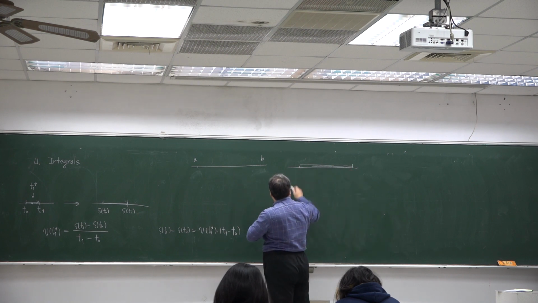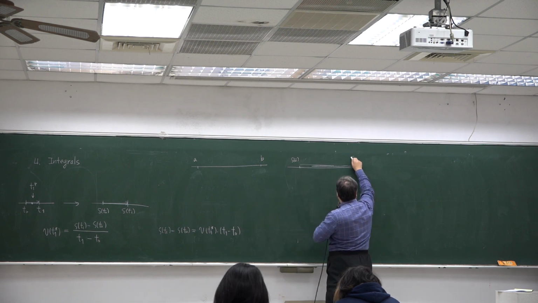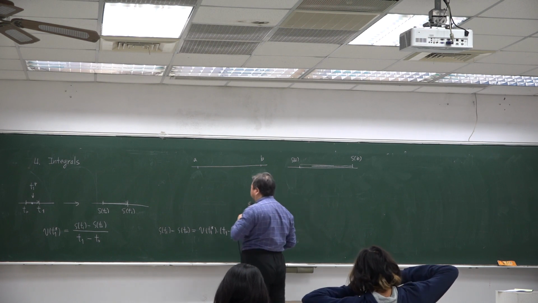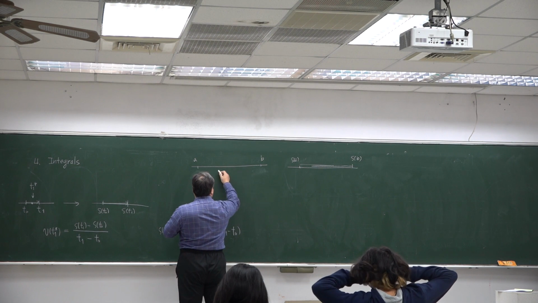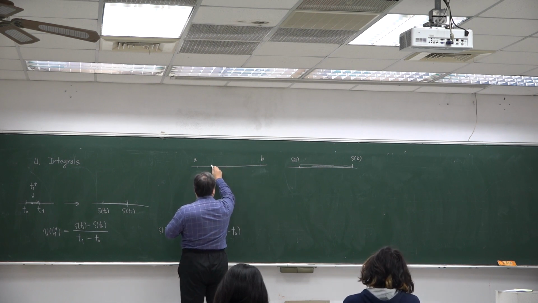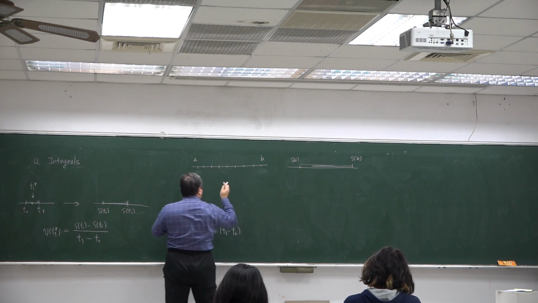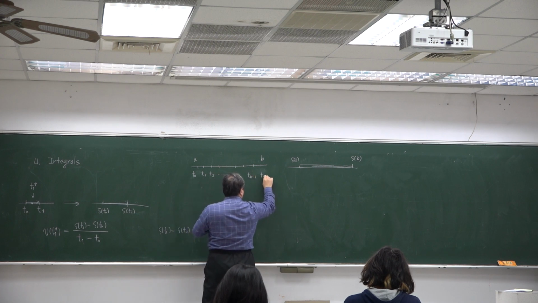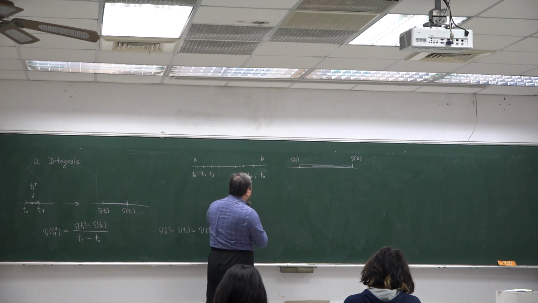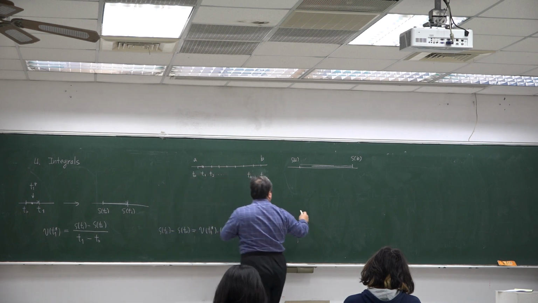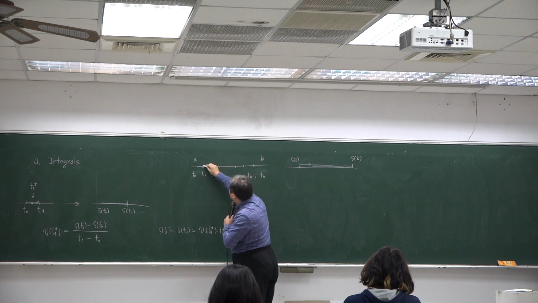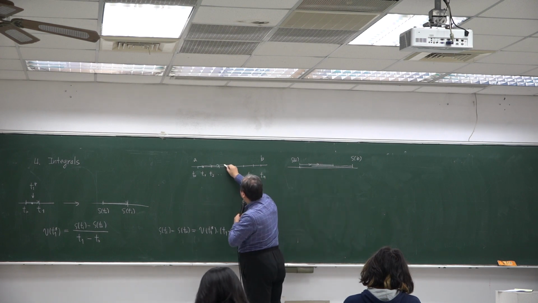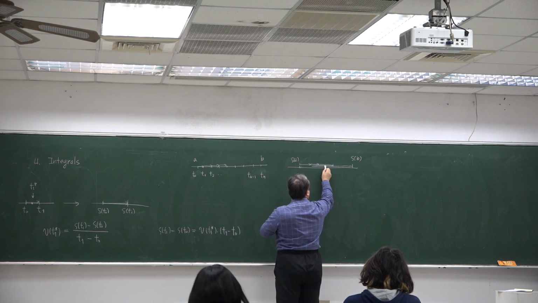Okay, so this is S of A. This position is S of B. If you want to find S of B minus S of A, a possible way is to subdivide this interval, for convenience sake, into some intervals such that t0 is A, tn is B. Maybe this particle moved from here to here, maybe a U-turn to here, and so on.